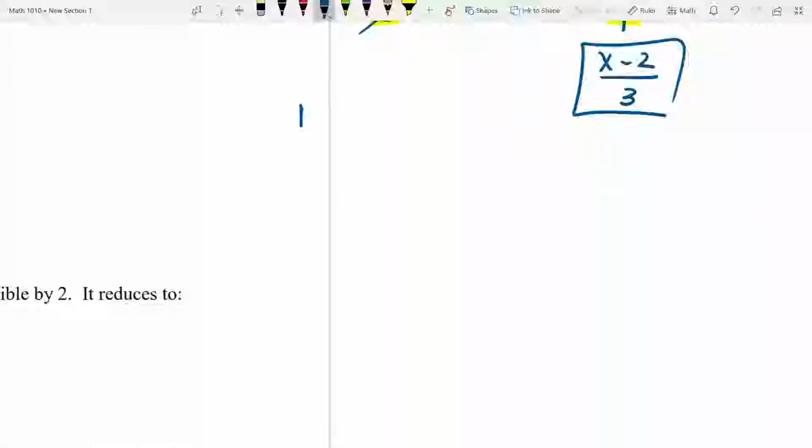2 more things I want to talk about. 3x over 6. This one's different. The reason this one's different is because you only have one person on the top and one person on the bottom. You have a term on the top and a term on the bottom. So does 3 go into both of those things?